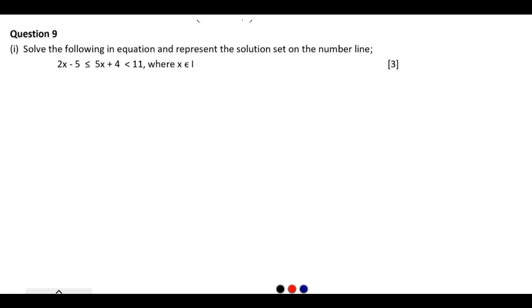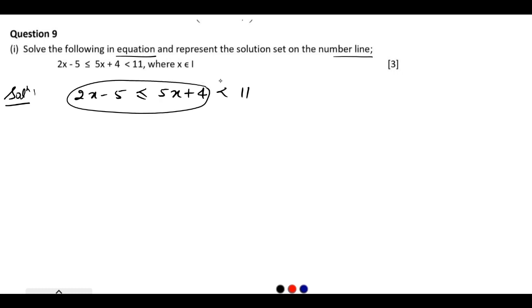Now question number 9, part 1. Solve the following inequation and represent the solution set on number line. This inequation is the combination of two inequalities. First is this inequality and second is this inequality. And the solution of this inequation will be given by combining the solution of these two inequalities.